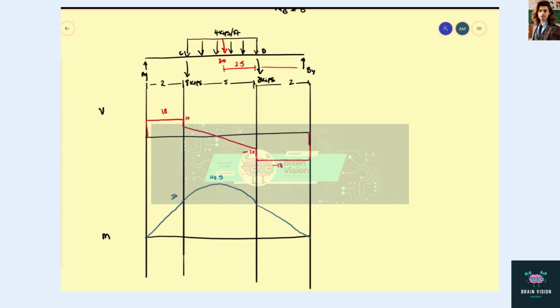And this is 36. So our maximum absolute value of our shear force is 18. And our maximum for our moments is 48.5.